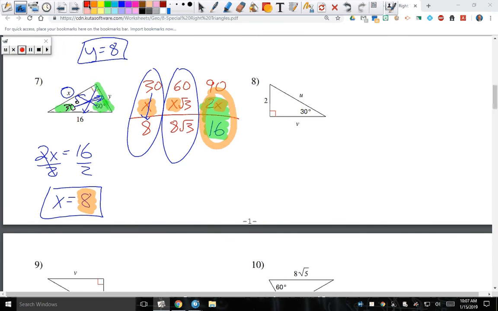8 root 3, yeah. If you're not sure, remember, the length of this side here will come from whatever is in the column of 60 degrees. And when we solved it, that gave us 8 root 3. So we have 8 root 3 is this length, so we could say x is 8 root 3.